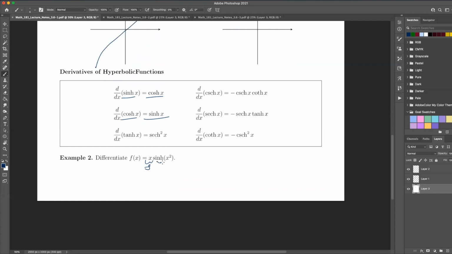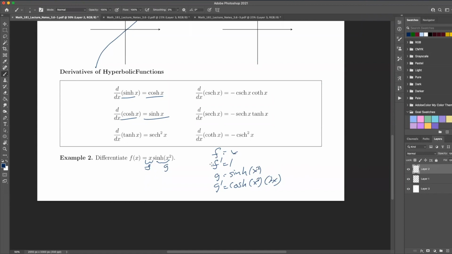Let's make this F and let's make this G. F is equal to x, F prime is equal to 1, G is equal to sinh of x squared, and G prime is the derivative of this, which is hyperbolic cosine of x squared, and then the derivative of the inside, because of the chain rule, is 2x.